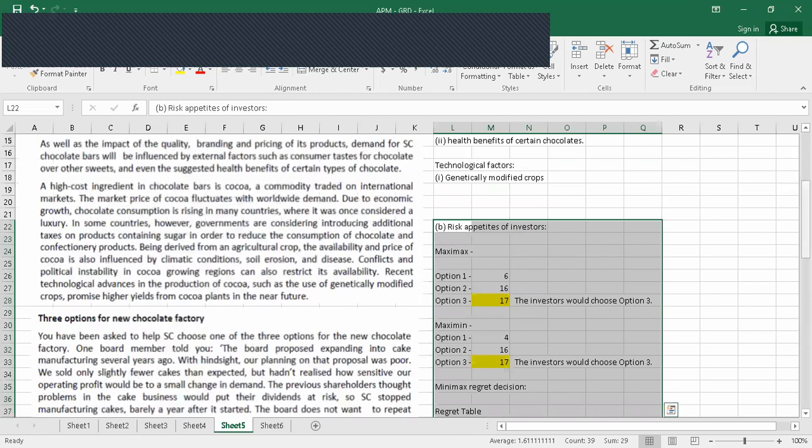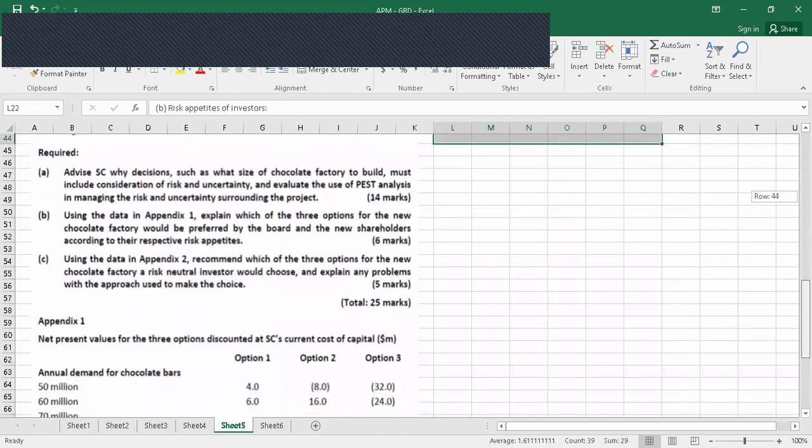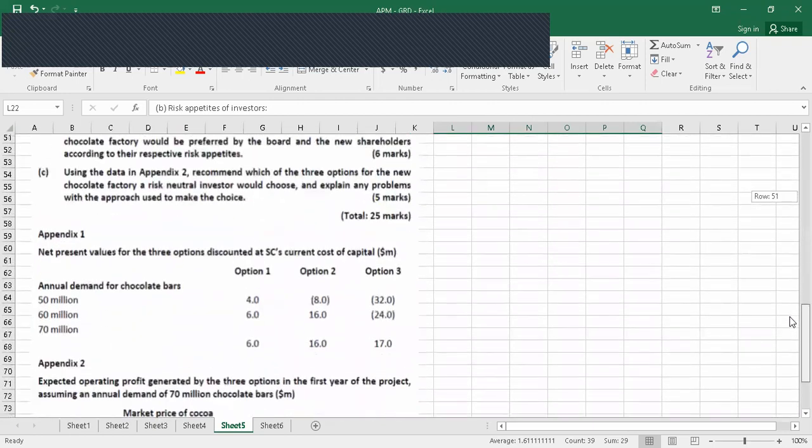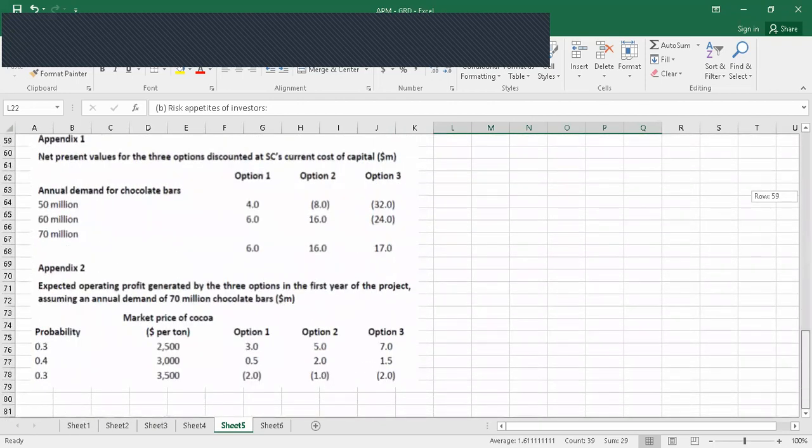Then the next one, the last bit, is 5 marks. This one is about a risk neutral investor. For a risk neutral investor, we have to depend on appendix 2, because a risk neutral investor will go with expected value. Expected value is calculated as the returns multiplied by the probability value.